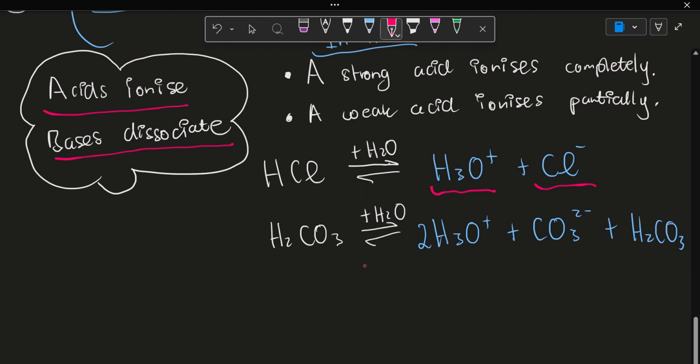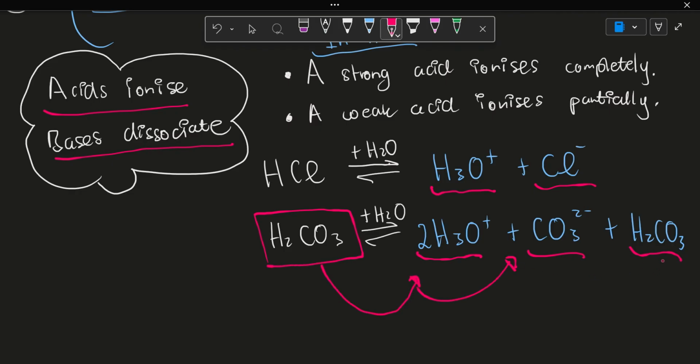Notice something. So when ionized, it became its respective ions, right? But it also had itself in the solution. That basically means that when it ionized, it did not ionize fully. When I mean ionize fully, I mean this whole thing disintegrates into its respective ions.